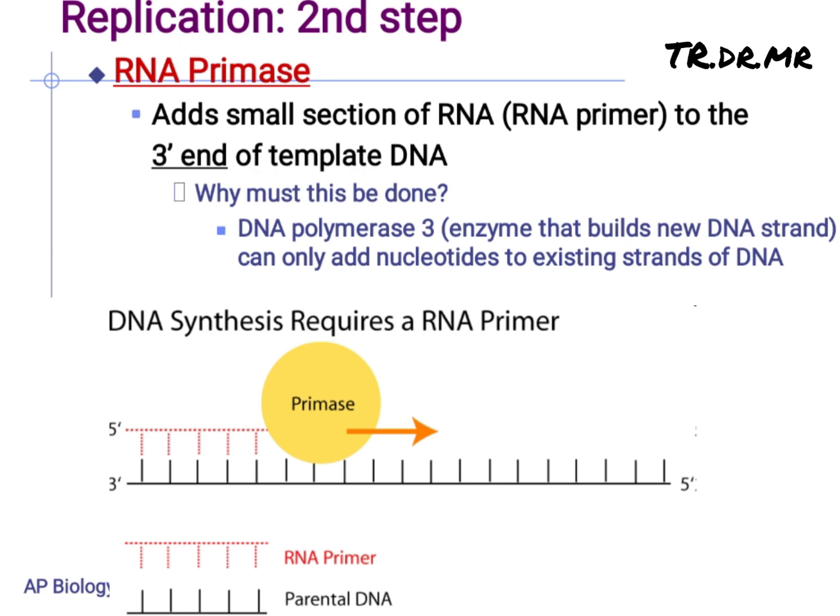They are simply nucleotides of RNA, so that they can form a beginning point for DNA polymerase to start working. After the primers have been added by RNA primase, it creates the 3' end onto which DNA polymerase 3 is going to add. Because DNA polymerase can only build new DNA onto nucleotides which already exist on the DNA strand, and specifically onto the 3' end of the nucleotide.